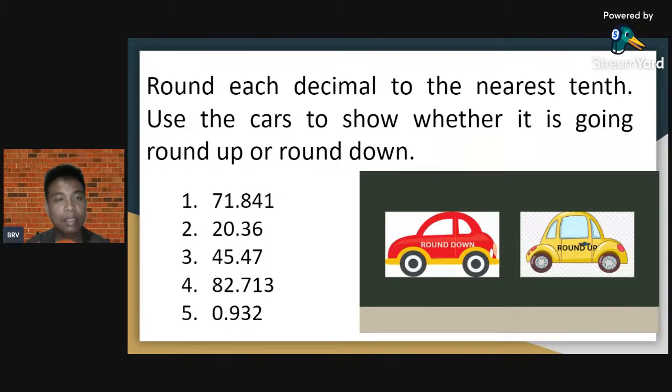In number one, the tenth there is 8, so that is round down, the red car. Number two is round up; it will become 20.4.